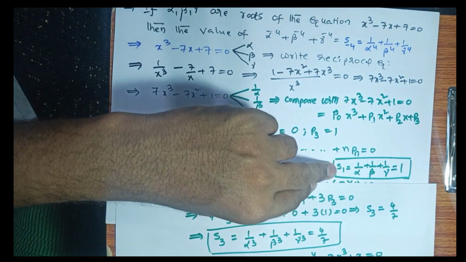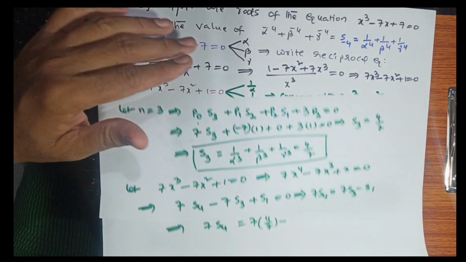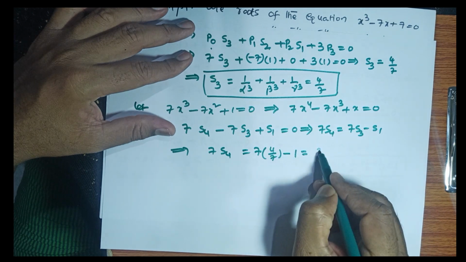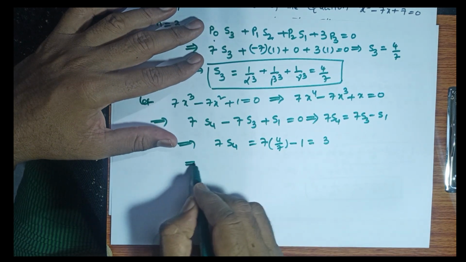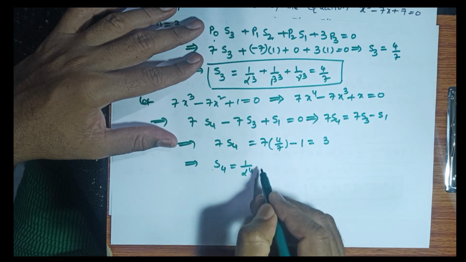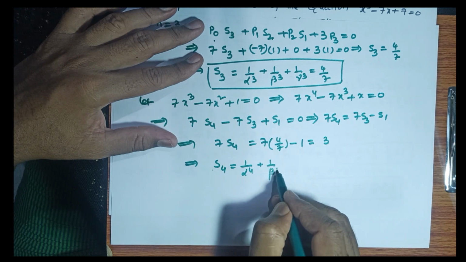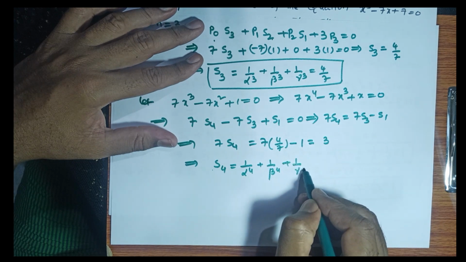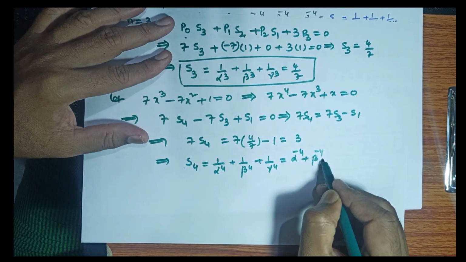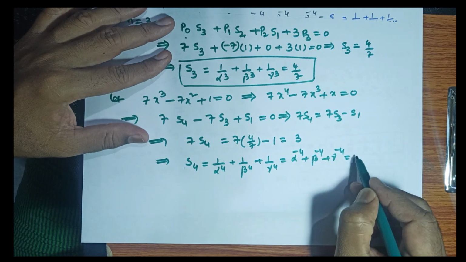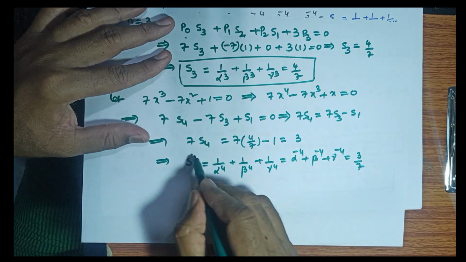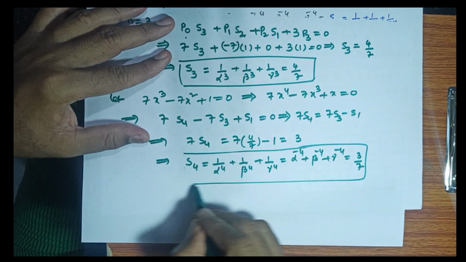If you substitute here, it is 4 minus 1, which is 3. So finally S4, meaning S suffix 4, is equal to 1 by alpha power 4 plus 1 by beta power 4 plus 1 by gamma power 4, that is alpha power minus 4 plus beta power minus 4 plus gamma power minus 4, and the answer will be 3 by 7. So therefore this is the answer for your question.